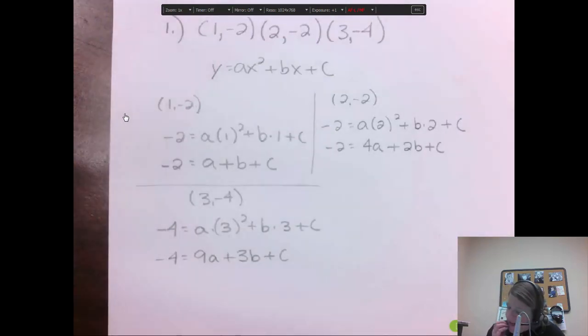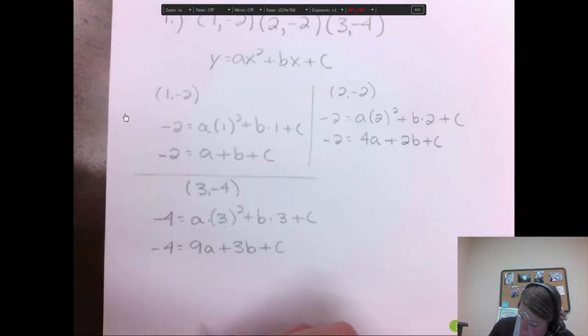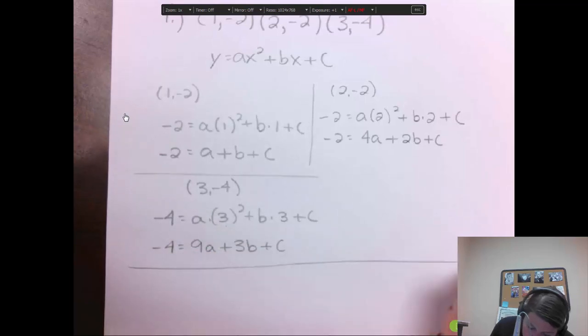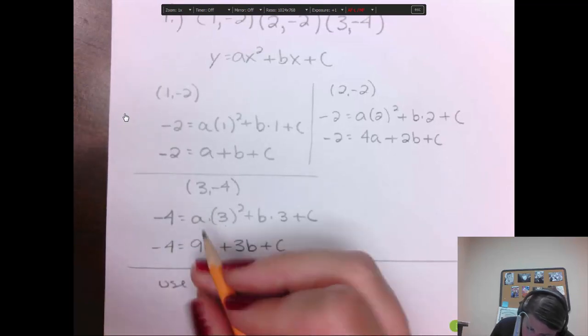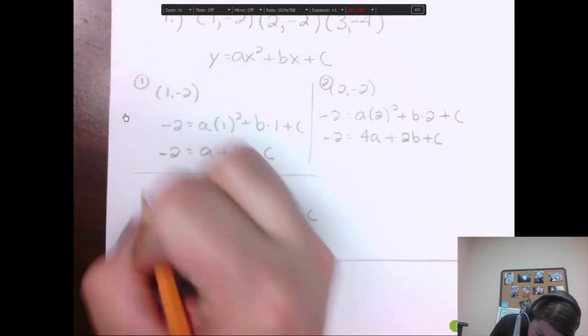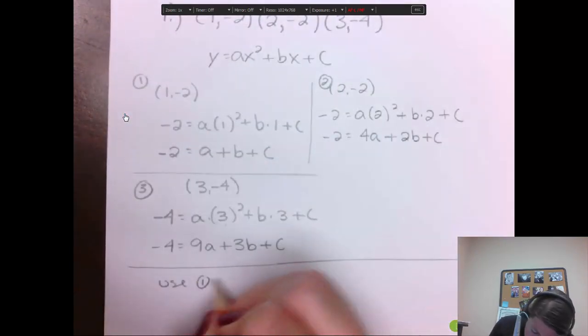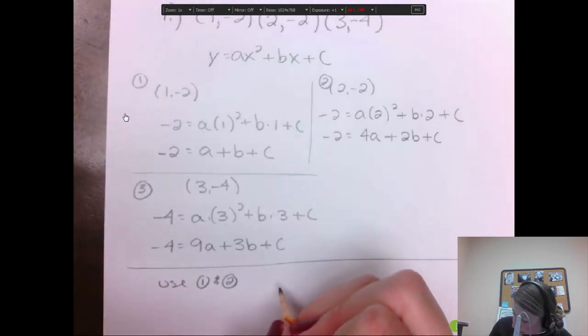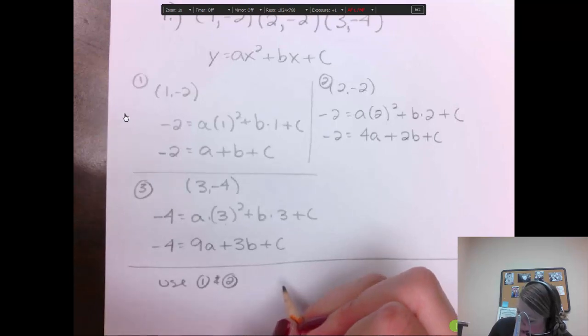Let's call these equations 1, 2, and 3. Let's use 1 and 2, and we're going to eliminate c.